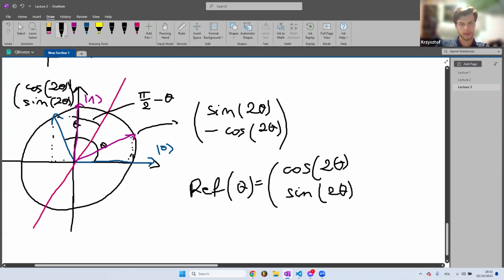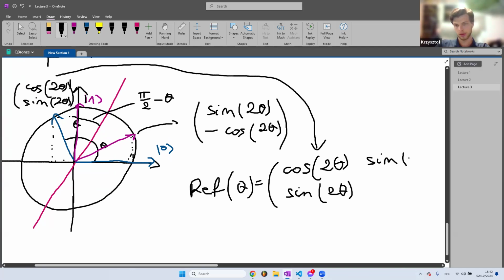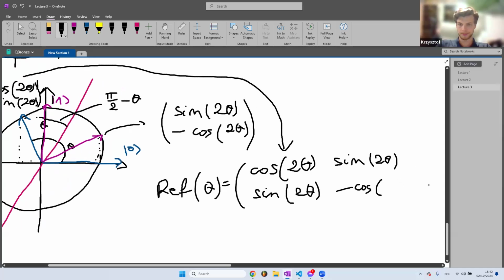Likewise, the second vector, the 1 vector, after the transformation lands in position sine of 2 theta and minus cosine of 2 theta.